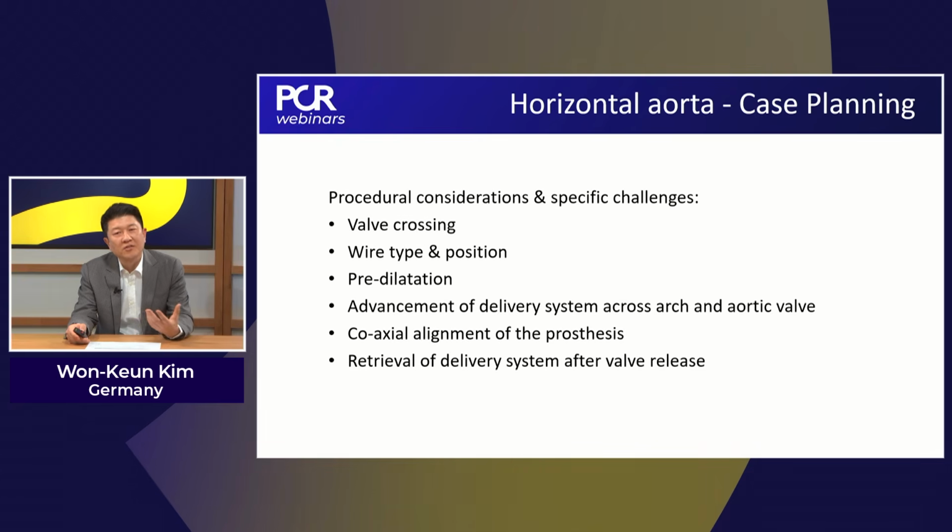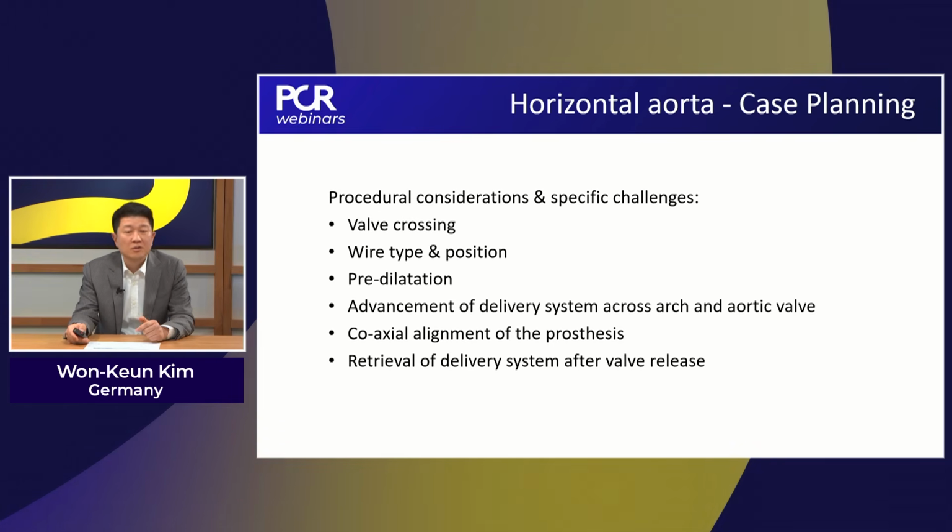At first glance, it looks like it's not very demanding, but horizontal aorta can be challenging in several aspects, as shown here. You can have difficulties in crossing the valve. You have to think carefully about which wire to choose and how to position it optimally. Predilatation is of relevance here. We will discuss later why.